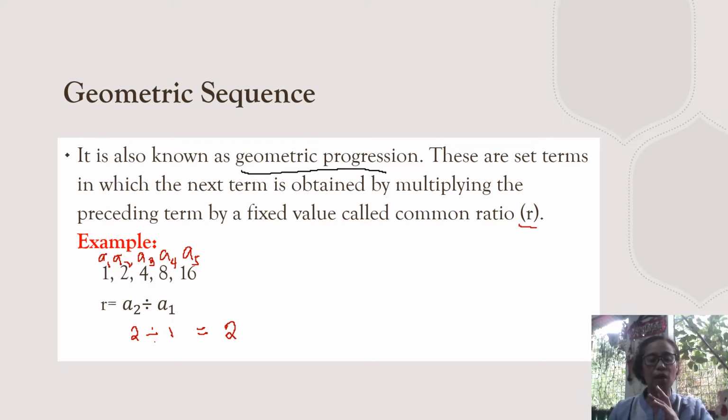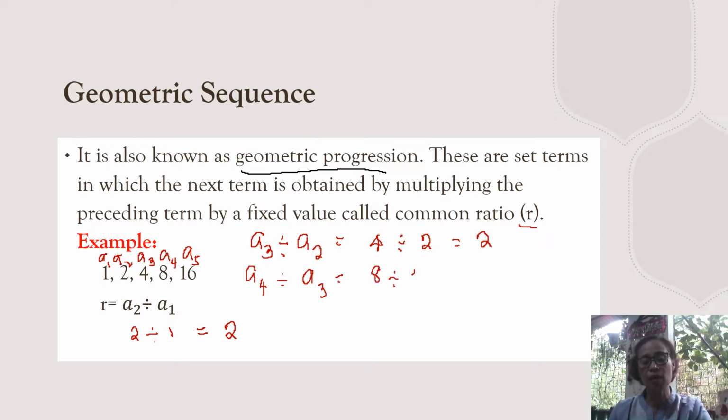So how do we check everything? Do it again with a sub 3 divided by a sub 2. Our a sub 3 is 4, divide it by 2, the answer is 2. Now do it again with a sub 4, which is 8, divided by a sub 3, which is 4, and again it's 2.